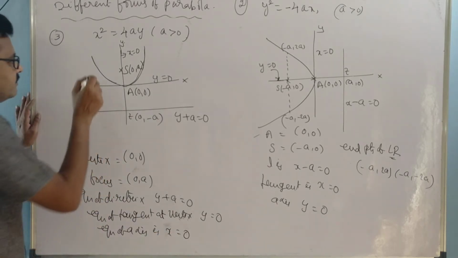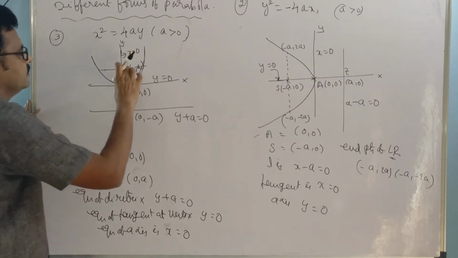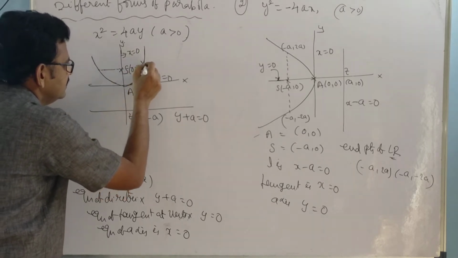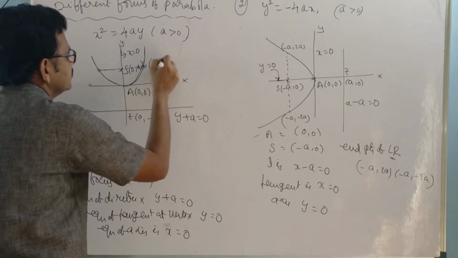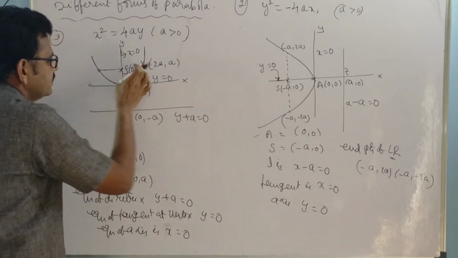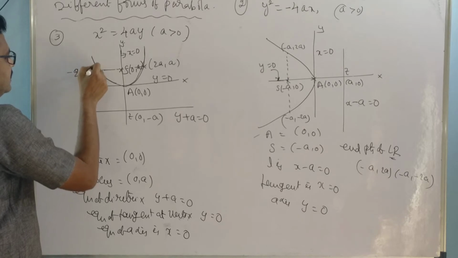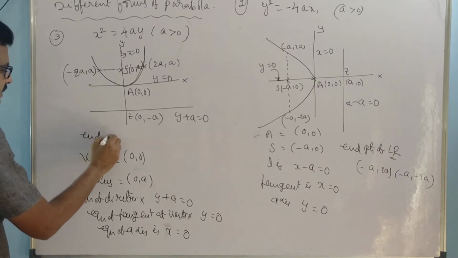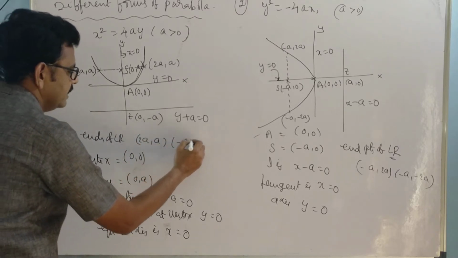Now, the endpoints of latus rectum. Length of latus rectum is 4a. One point is (2a, a), at a distance of 2a from the axis, at height y equal to a. The other is (-2a, a). These are the endpoints of LR, latus rectum: (2a, a) and (-2a, a).